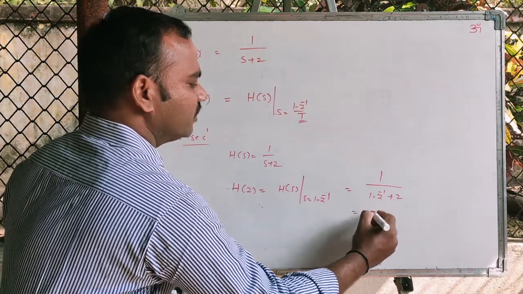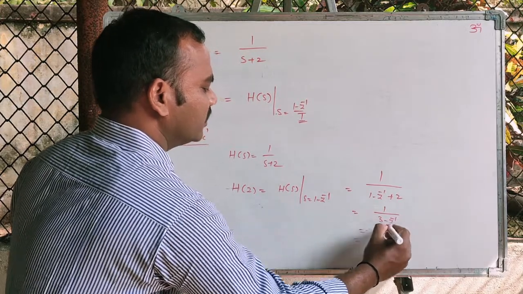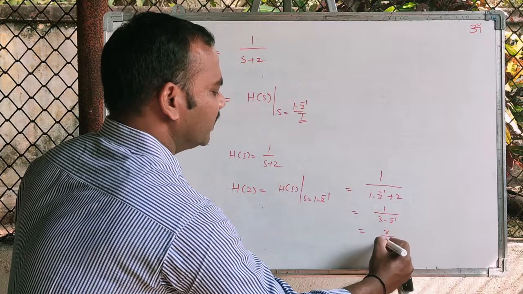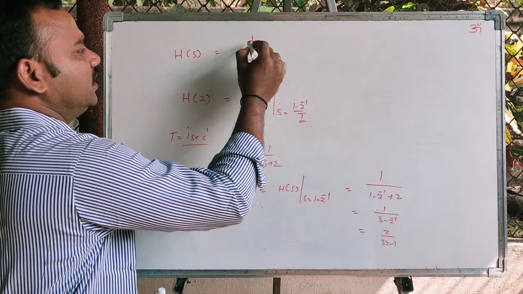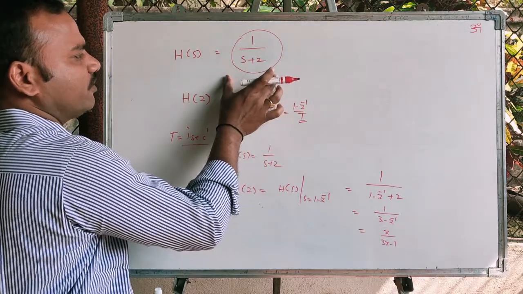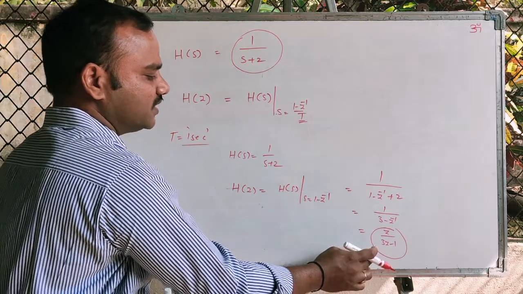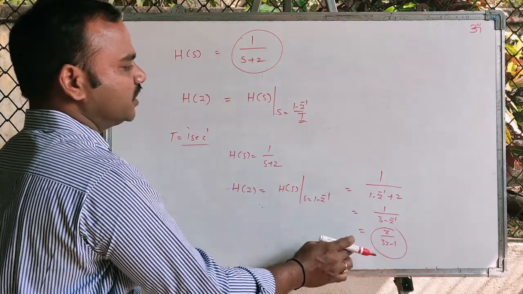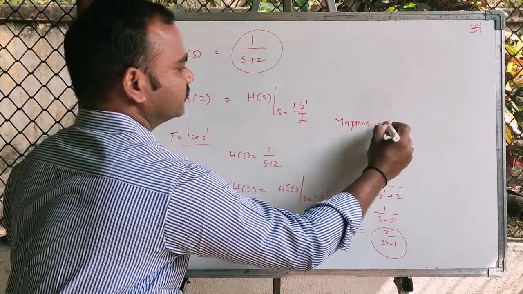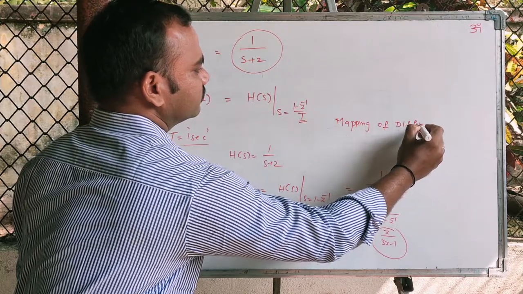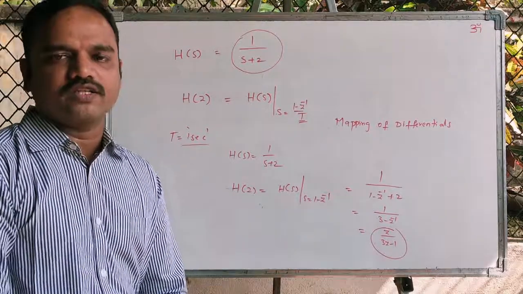If you simplify this, it will be 1 by (3 minus z power minus 1), which is equal to z by (3z minus 1). The analog filter transfer function is 1 by (s plus 2) and the corresponding digital filter transfer function is z by (3z minus 1) using mapping of differentials. Thank you.